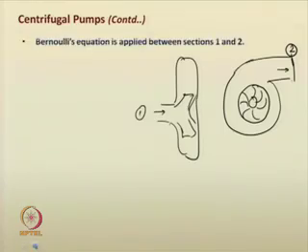We can apply the same Bernoulli's equation between sections 1 and 2, because we are already considering the conditions as steady state. You know that Bernoulli's equation can be applied only in steady state conditions. So the total energy equation will be applied between sections 1 and 2.